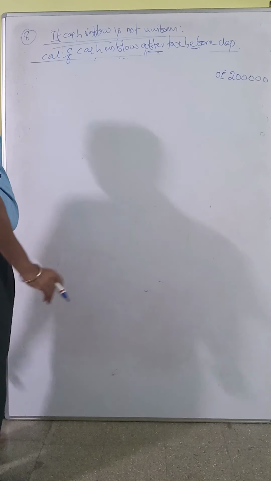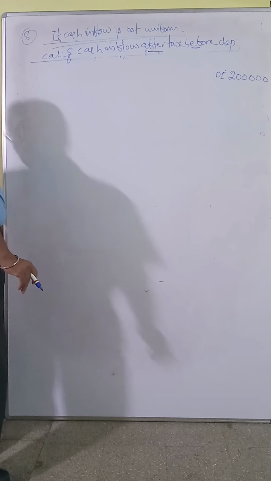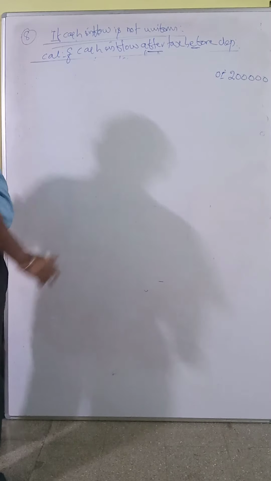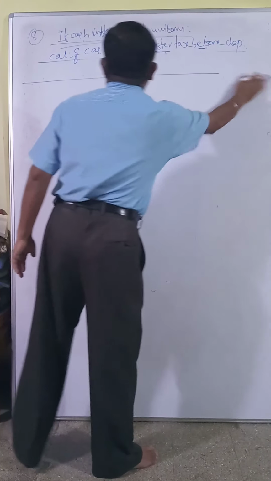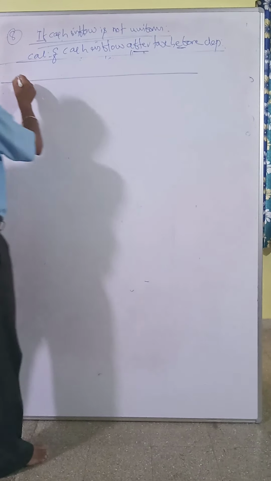We want to make 1, 2, 3, 4, 5, 6, 7 columns. A little confusion, but not that much. You see 7 columns, make it.